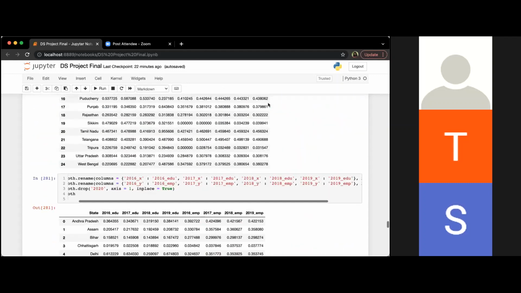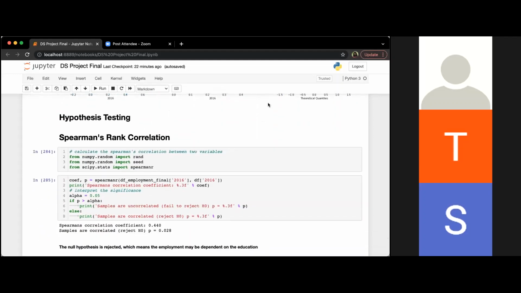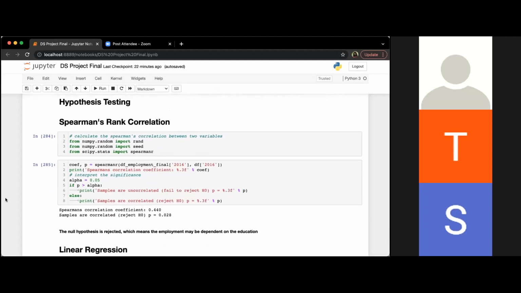For hypothesis testing, we first figure out whether our data set's tests are parametric or non-parametric. Since this does not follow a normal distribution, it is non-parametric. The number of samples that we have is greater than one, and the type of analysis that we're doing is not differentiation, but more correlation.